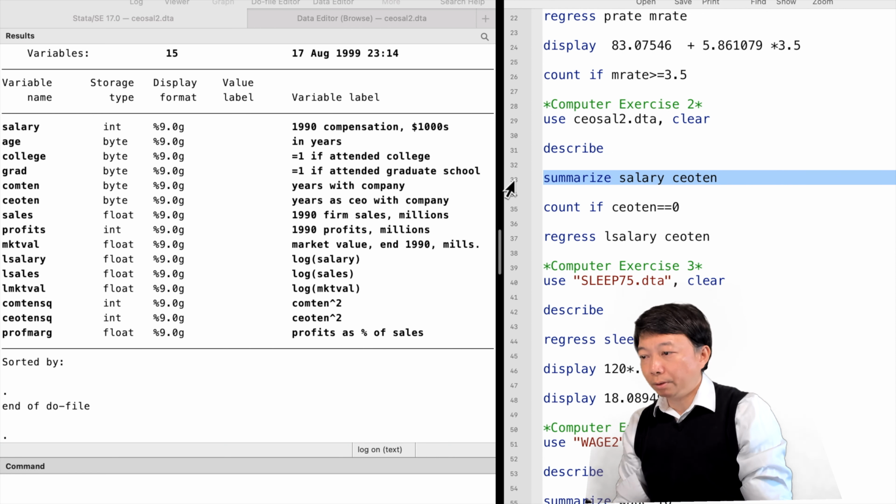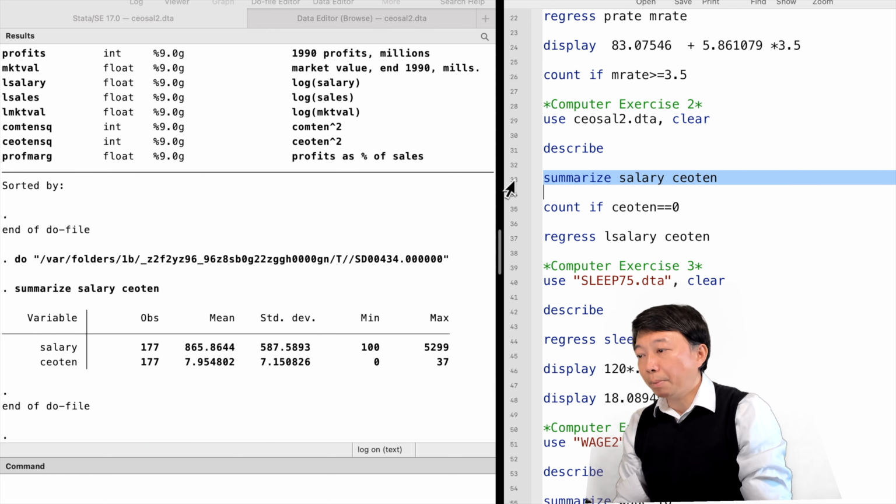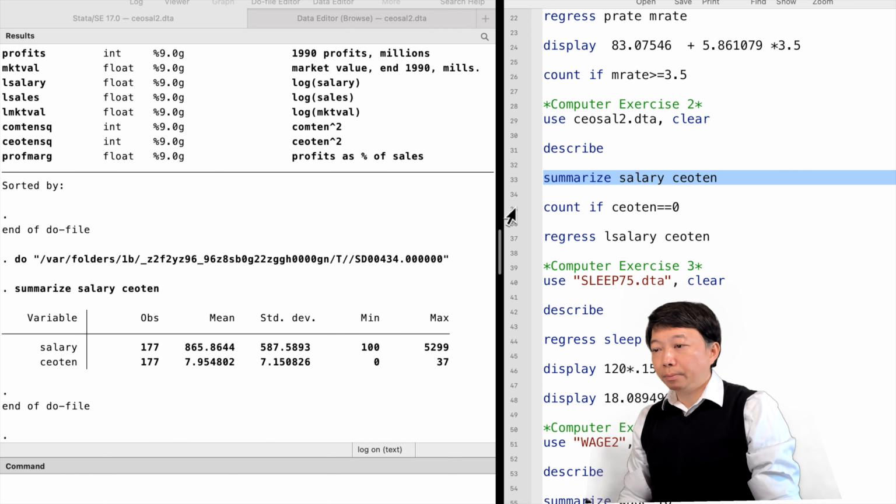For the first question, we use the command summarize to find the sample means of the variables. The average salary is $865,864. The average tenure as a CEO is 7.95 years.